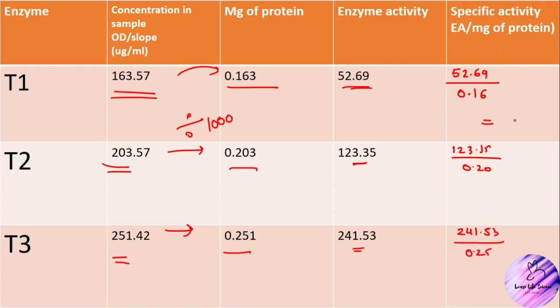The final answer will be 329.31. The unit is unit per mg. U means the unit of enzyme activity per milligram of protein. This one will be 616.75 unit per milligram, and this is going to be 966.12 unit per milligram.